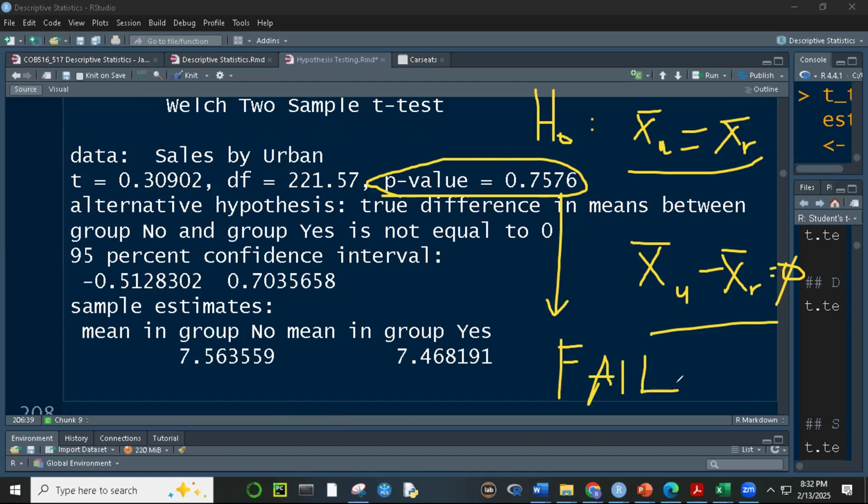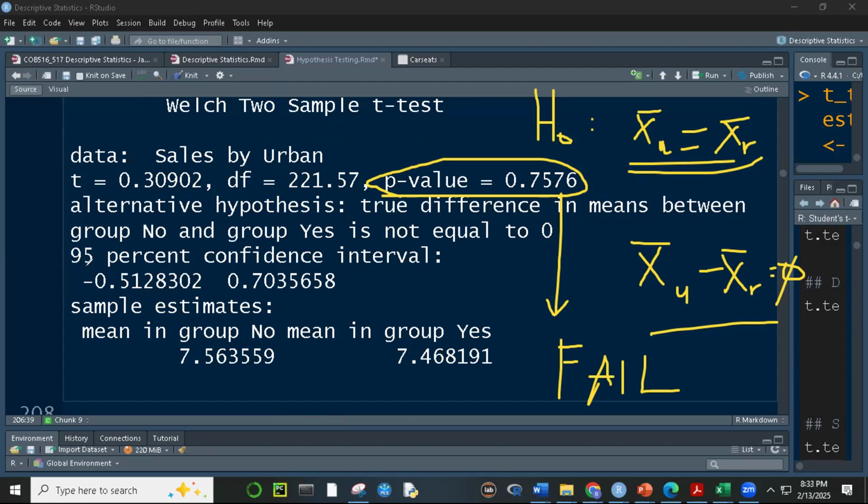We fail to reject the null hypothesis that the average sales in urban and rural are the same. So there's strong reason to believe that the average sales for both areas, urban and rural, are the same.